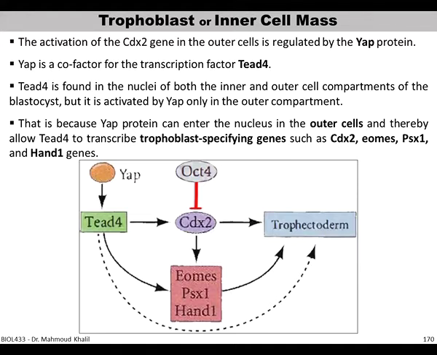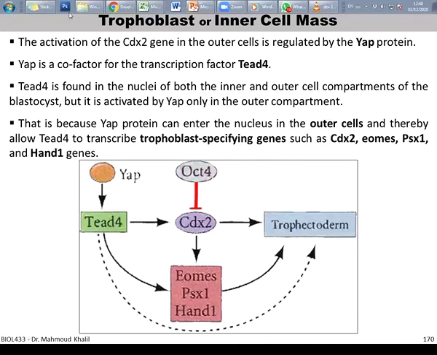In other words, for the blastomeres of the morula stage to be differentiated into trophoblast or trophectoderm, it needs a signal from CDX2, and CDX2 needs a signal from TEAD4, which needs a signal from YAP. One very important gene, OCT4, can downregulate CDX2, so they block the differentiation into trophectoderm.